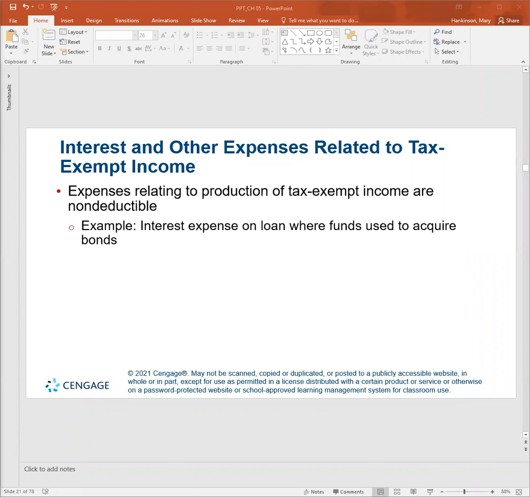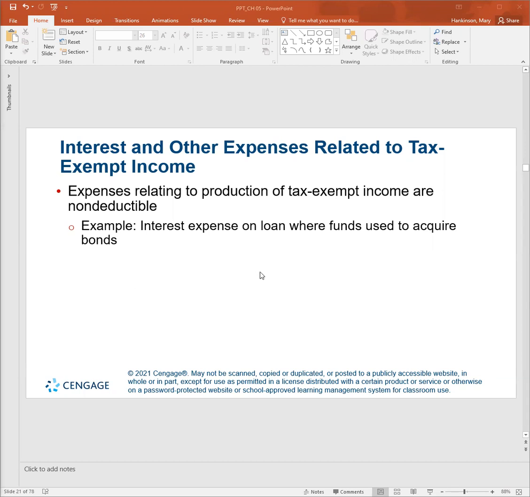Now, to be more specific, the Internal Revenue Code generally disallows the deduction of expenses paid or incurred to generate tax exempt income. The disallowance applies to interest expenses directly related to purchasing or carrying tax exempt bonds, as well as any other expense allocated to tax exempt income.